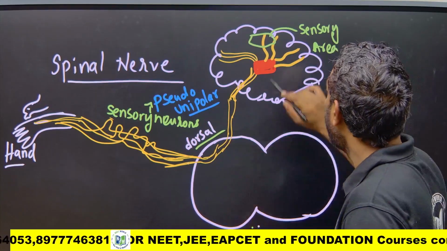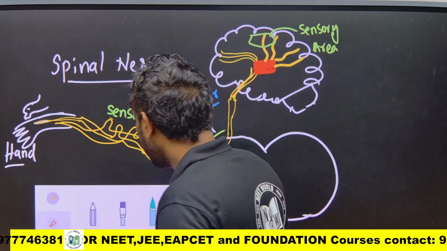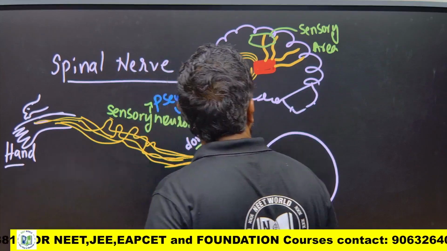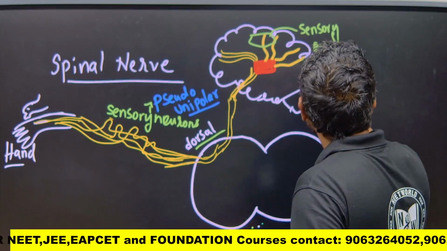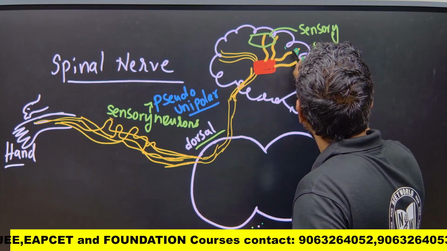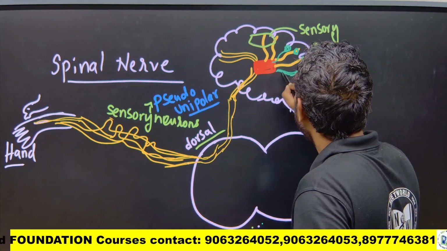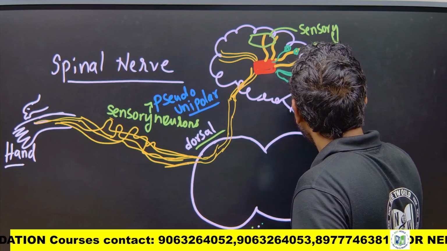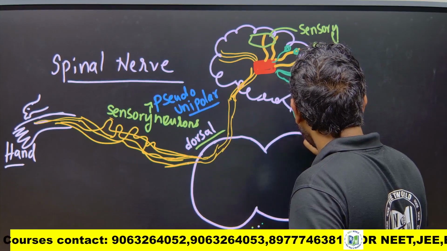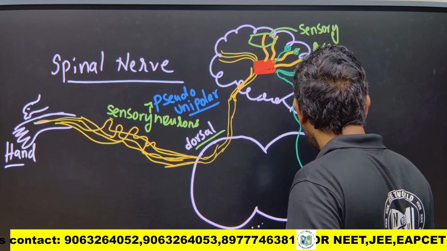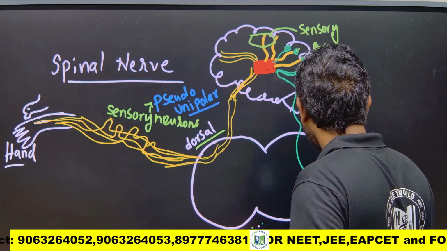The brain analyzes the sensory area and gives the signal to the motor area, from the dorsal root to the ventral root of the spinal cord.